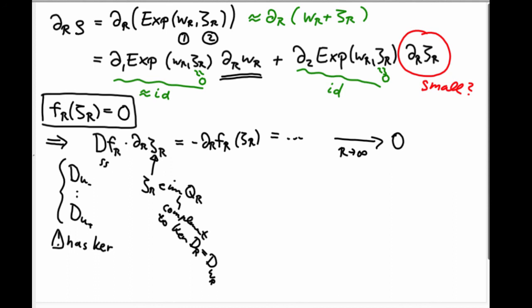So this gets small, and these elements sort of want to lie in complements to the kernel of this guy, and so that tells me that d_r zeta_r also goes to 0.